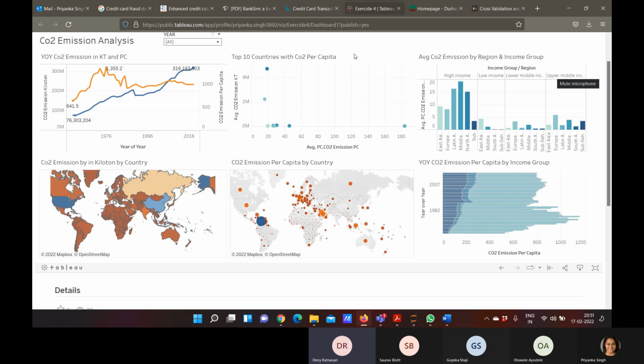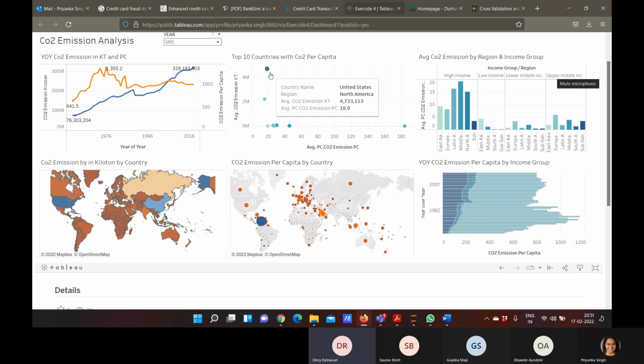Okay, thank you, Priyanka. The next chart is a scatter plot showing the top 10 countries with CO2 per capita. We make another comparison as well, the average CO2 emission per kiloton and the average CO2 emission per capita.